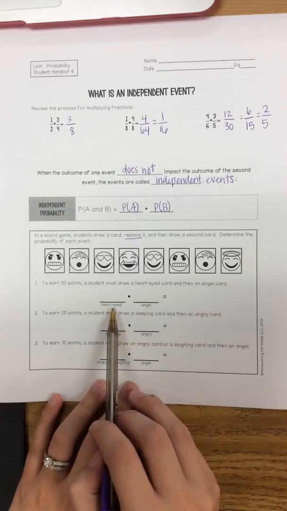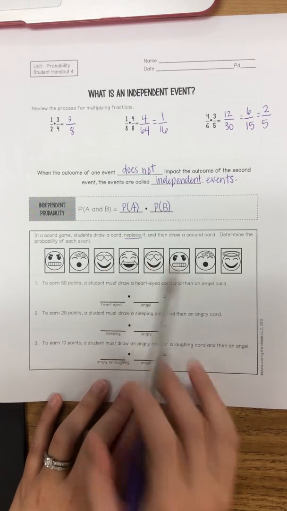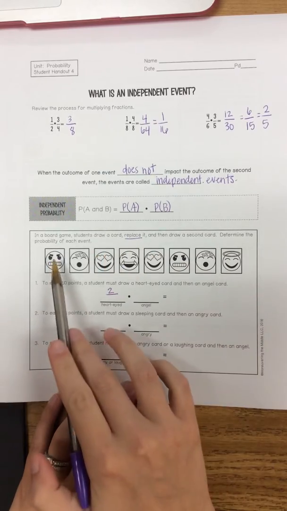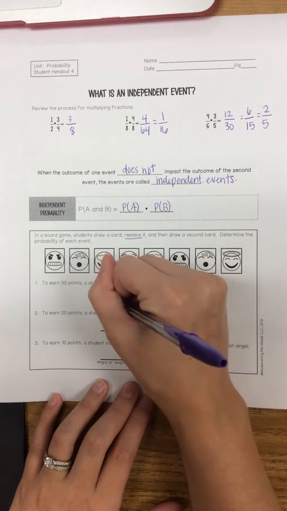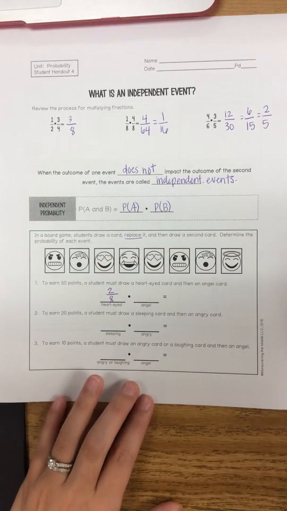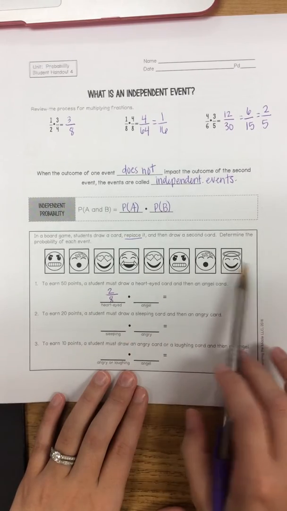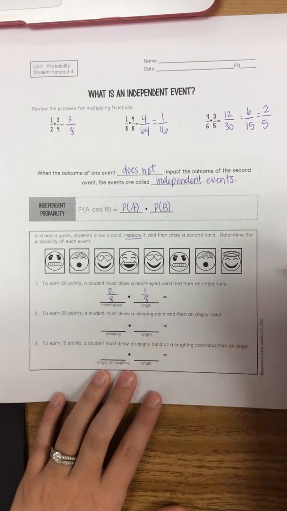So we first want to find the probability of drawing a heart-eyed card, okay? So there's 1, 2 of those. So 2 heart-eyed cards out of 1, 2, 3, 4, 5, 6, 7, 8 total cards. Okay, now let's see how many angel cards we can get. What is the probability of drawing an angel card? Well, I only see one angel card, 1 out of 8.